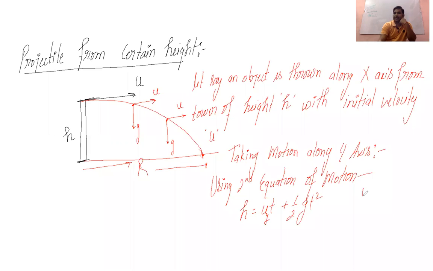You know the vertical component of initial velocity is 0. Here only the horizontal component is there, that is u, and the vertical component of initial velocity is 0. So we can put 0 for uy, so h will be half gt square, and from this we can calculate the time, which is under root 2h upon g.